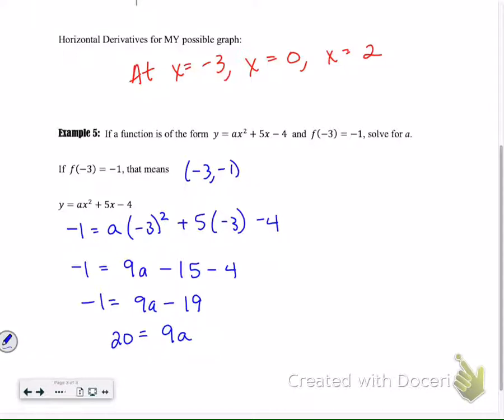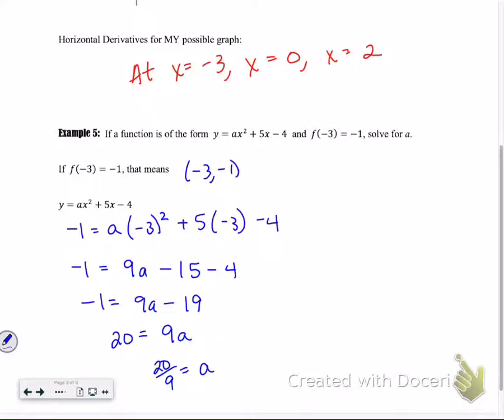Oh, no, hold on, something went wrong here. Oh, because on my paper I changed the 9 to a 2 for some reason, which would not happen. So 20 would be equal to 9a. We divide, a is just not going to be a nice number. So 20 divided by 9 would be a, and it doesn't simplify from there. So that's it. 20/9ths would be my a value.